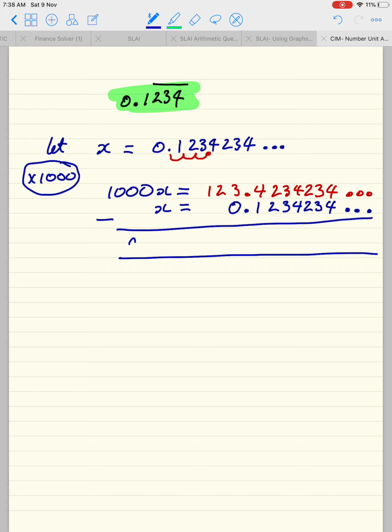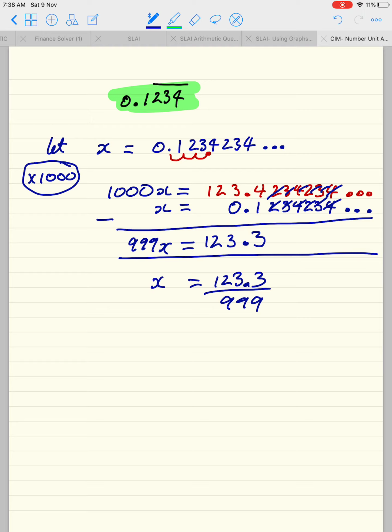1000x minus 1x is 999x. And can you see that this is 123.3, and of course everything else cancels out. Divide by 999. And again, before we said we don't like decimals within fractions.